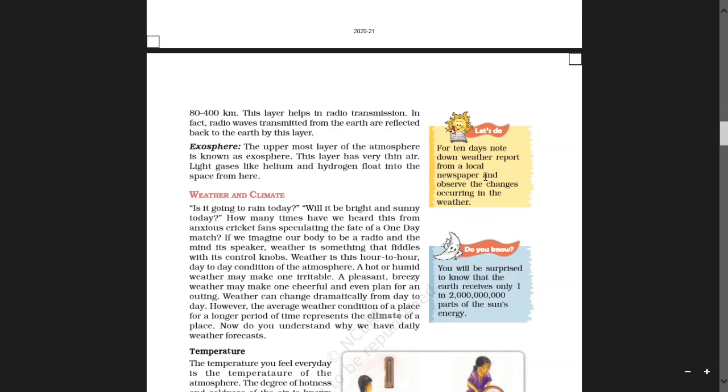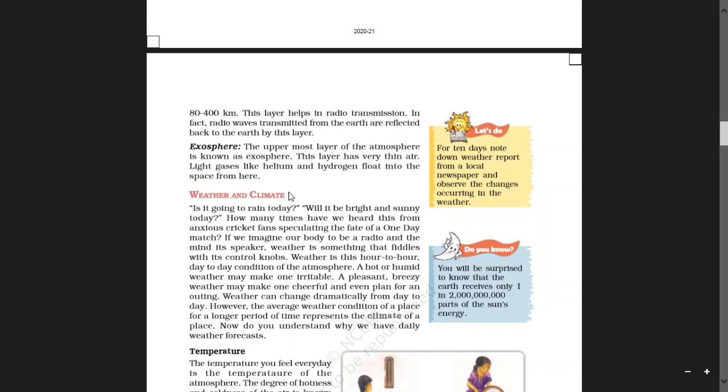So you have to collect it, and from the newspaper observe the changes occurring in the weather. You'll find that weather every day is not the same.